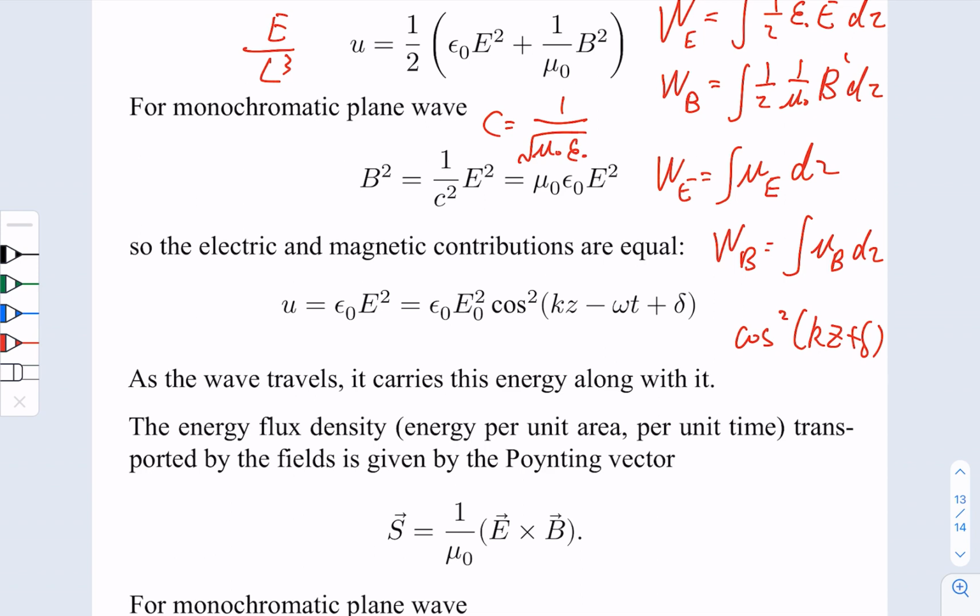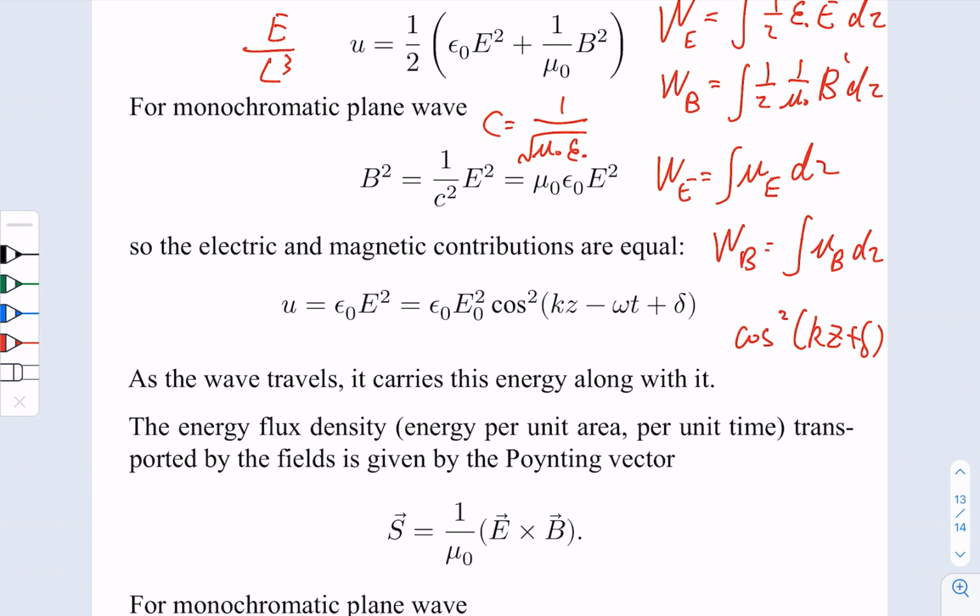If you calculate the energy per volume, that gives you the energy density. But if you calculate the energy flux per area, you get the Poynting vector, and this vector calculates how much energy has passed through one unit area in a given unit time.